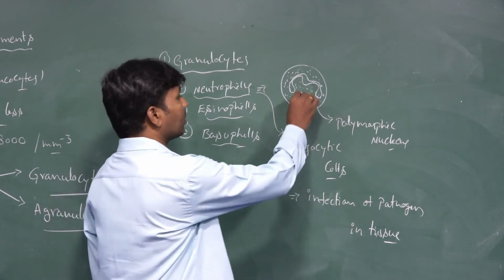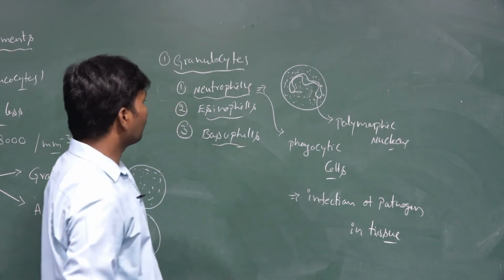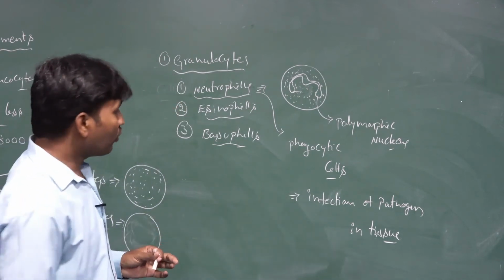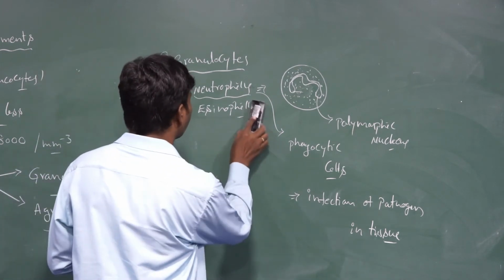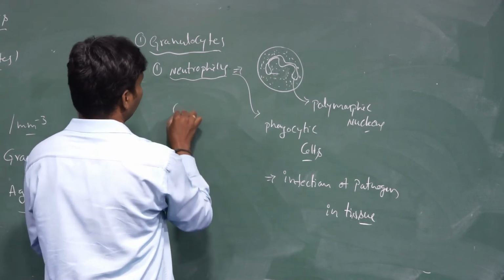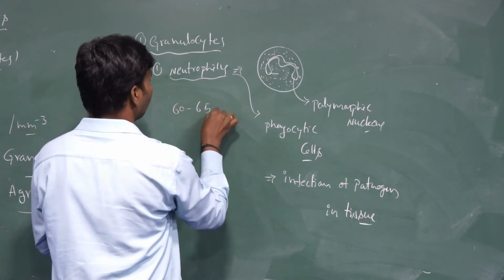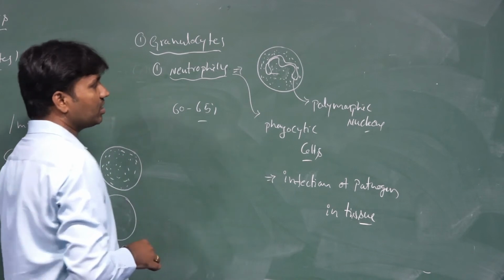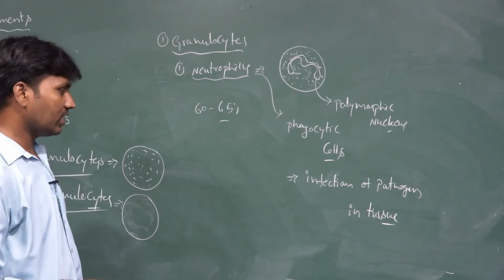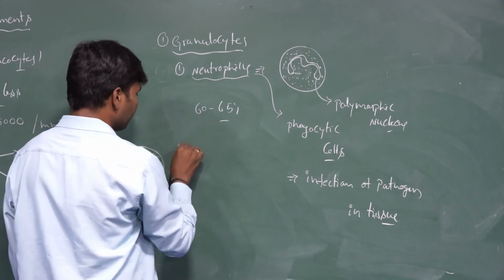This is a specific character of neutrophils. Generally, neutrophils are 60 to 65% of the total WBC number, so the major component of the WBC is formed by neutrophils, the phagocytic cells. So these are the first form.